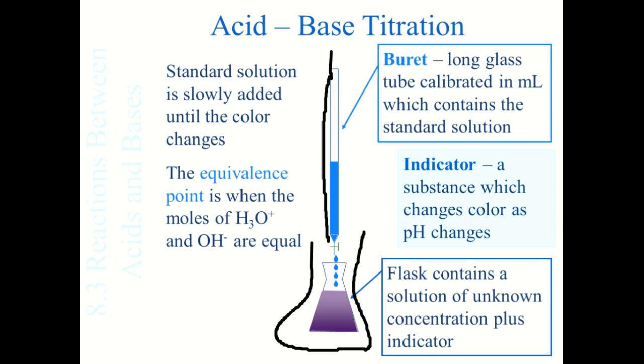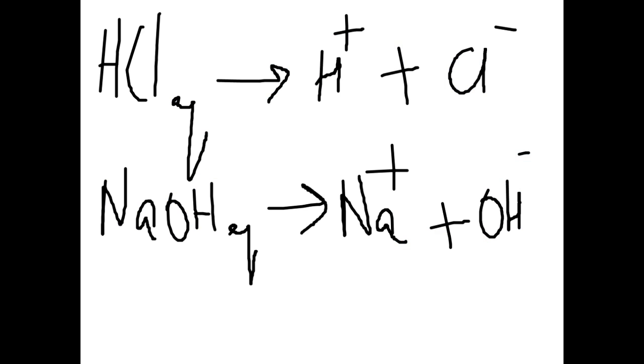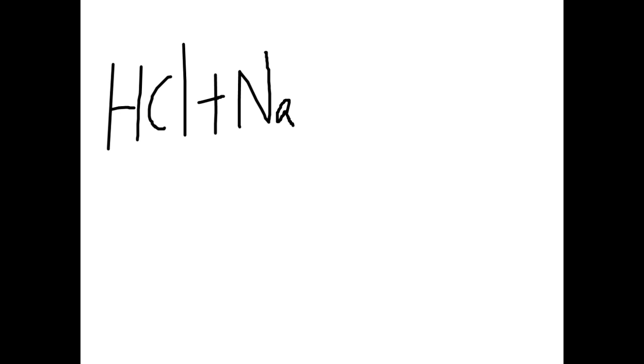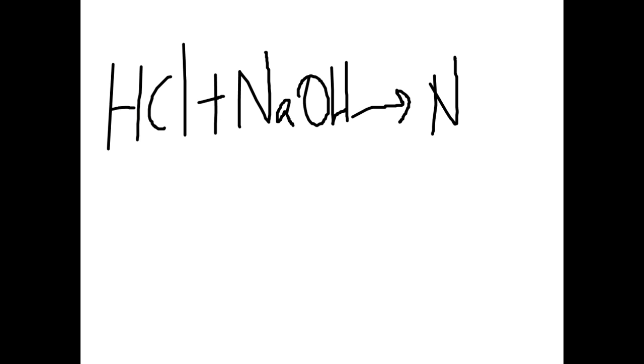But what is the difference between equivalence point and end point? Let's go back. The equivalence point is when the moles of hydrochloric acid and NaOH are the same. Now look at this equation. Let me write it on a fresh page. HCl plus NaOH giving NaCl plus water. Can you balance this equation for me, please?